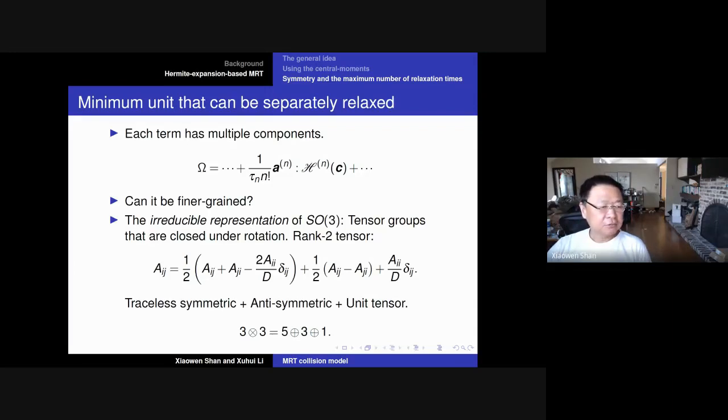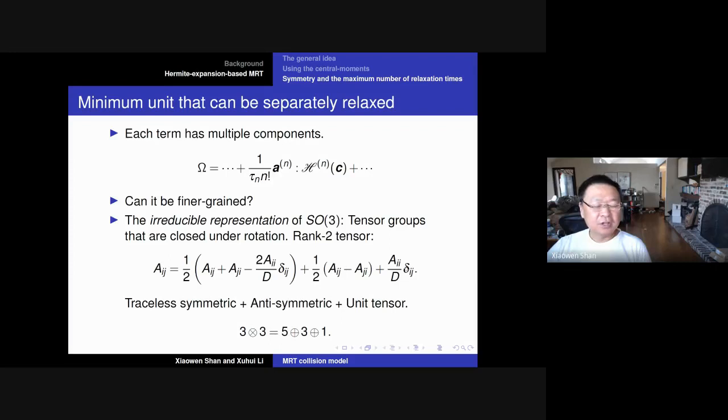For the rank 2 tensor, any second-order tensor you can decompose into 3 parts, which are the traceless symmetric tensor, an anti-symmetric tensor, and a unit tensor multiplied by the trace.